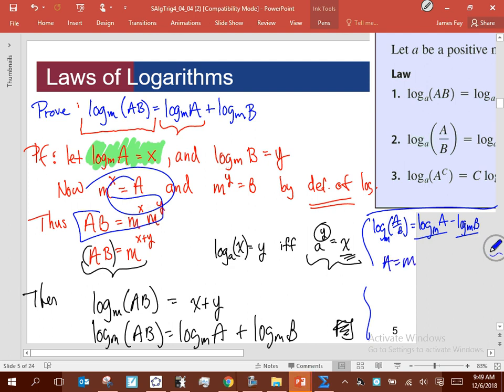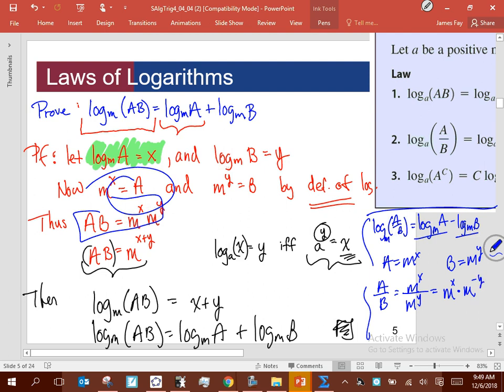A equals m to the x, and B equals m to the y, right? But then when I do division, I would have m to the x over m to the y. Is that the same thing as m to the x times m to the negative y?